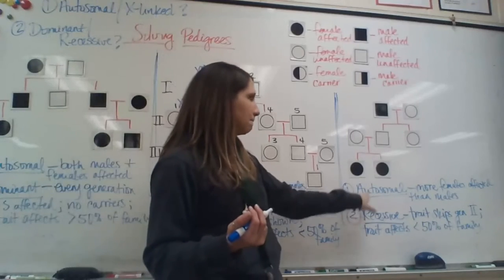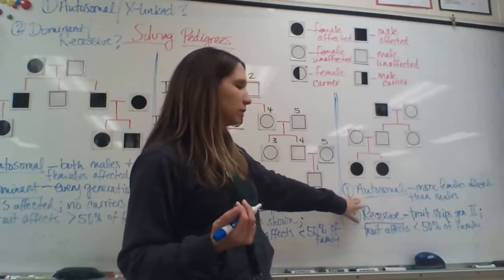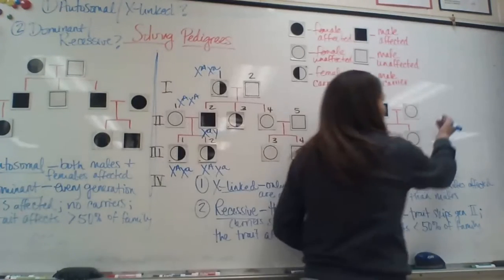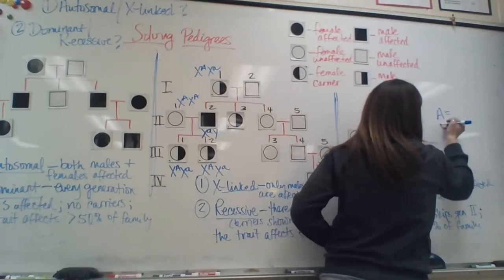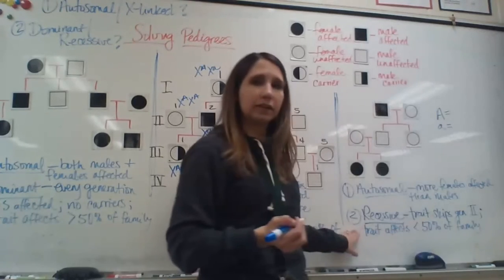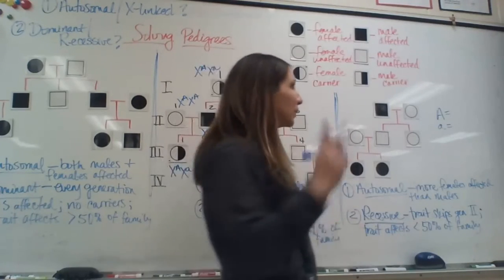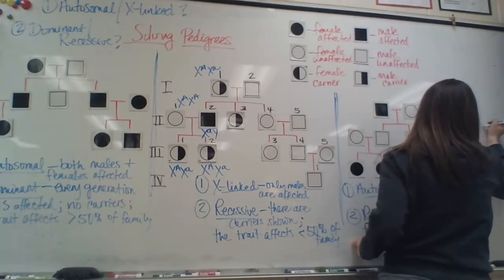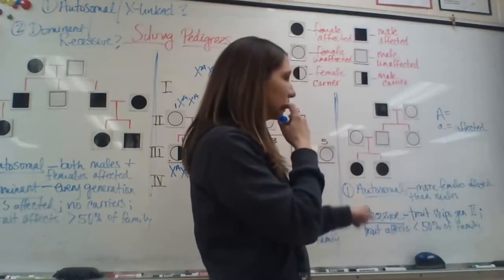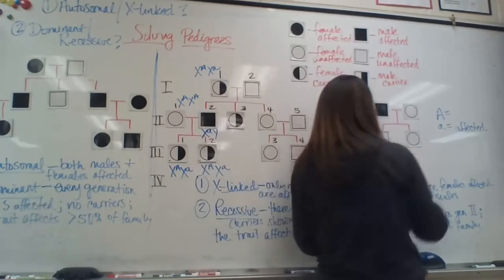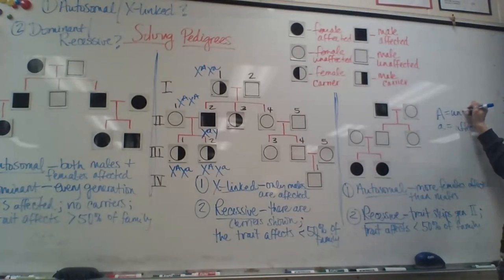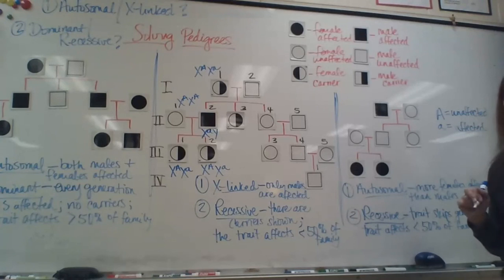So if this trait, and I'm just going to do this one as an example because it's a little bit smaller, is autosomal and recessive, well, I can say my alleles are going to be big A and little a, right? Recessive would mean that we have it, right? So affected would be the little a, meaning we have the trait, okay? Autosomal then means, again, we're just including the A's here, but the dominant in this case would be the unaffected or the normal condition, whatever the trait is not, okay?